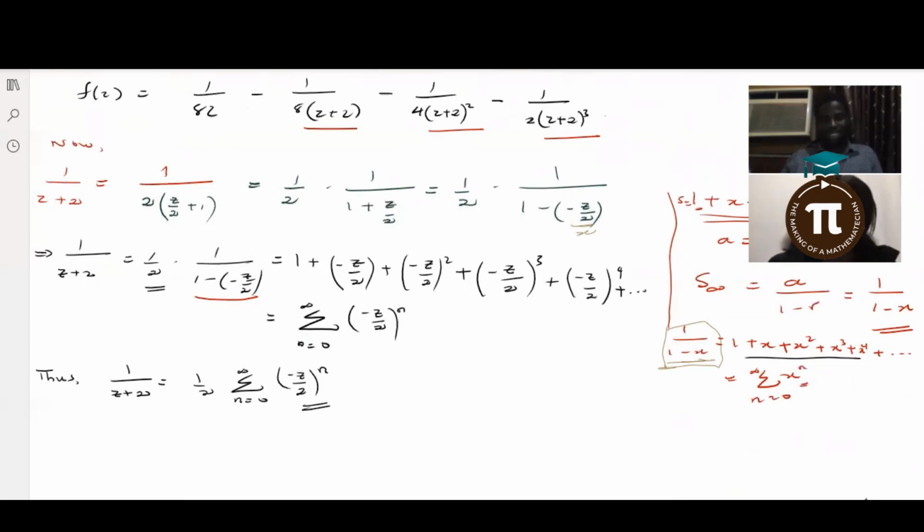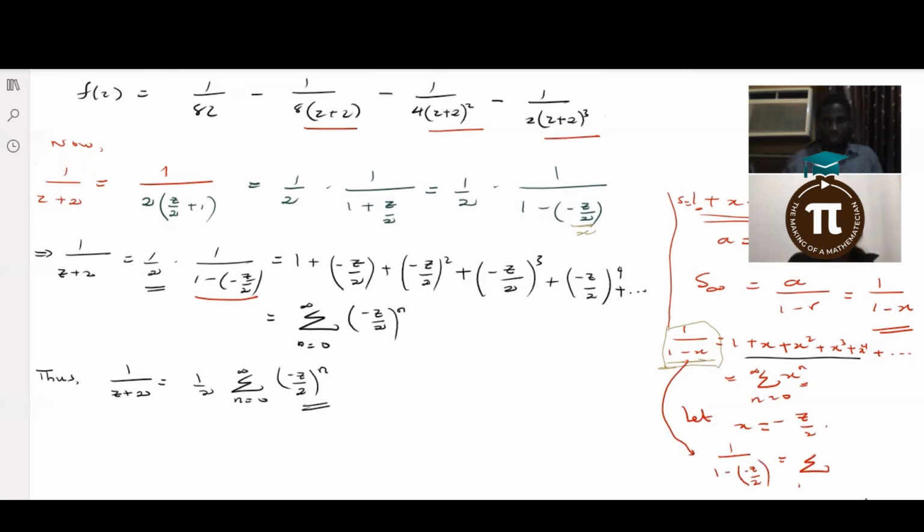Basically, if you let x be equal to minus z over 2, for example, this will become 1 over 1 minus z over 2. My point is that I replace x with minus z over 2. This is summation.